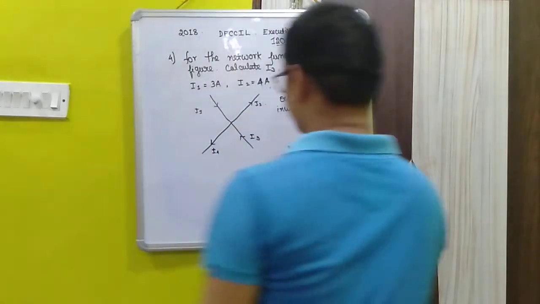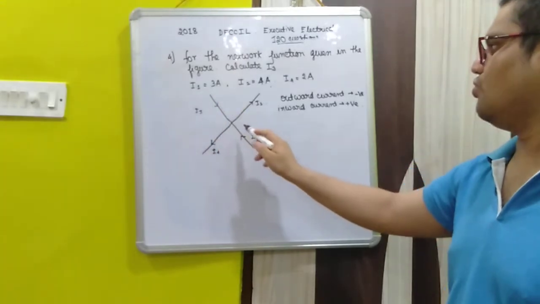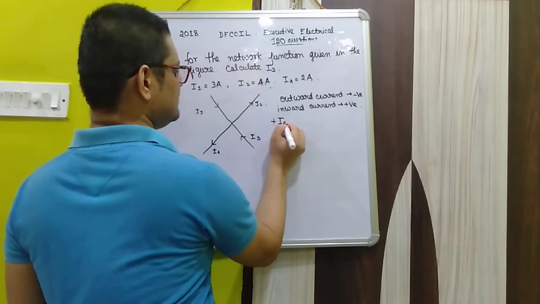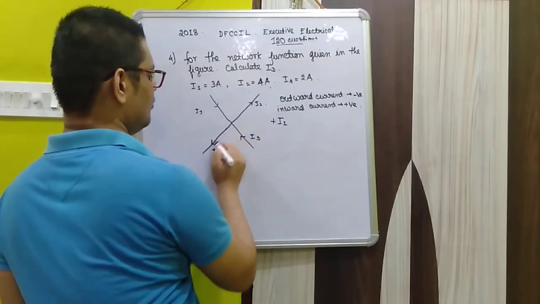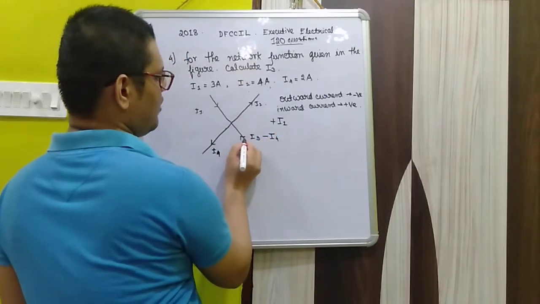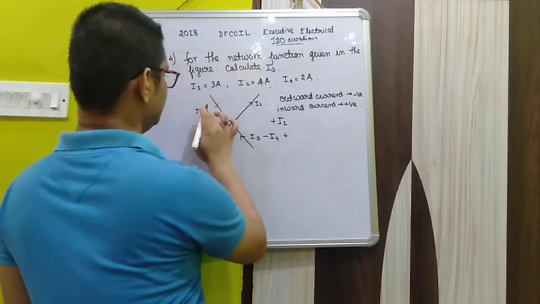So how we calculate now is very easy. I1 is going towards the node, so it will be plus I1. Then I4 is leaving the node, so it will be minus I4.